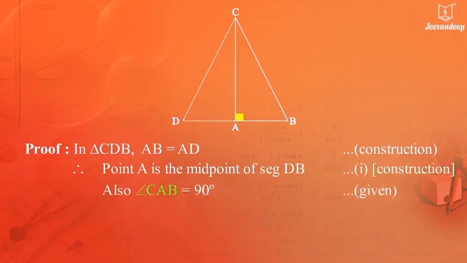Also, angle CAB equals 90 degrees as given. Therefore, segment AC is perpendicular to segment DB. Equation 2, as given.